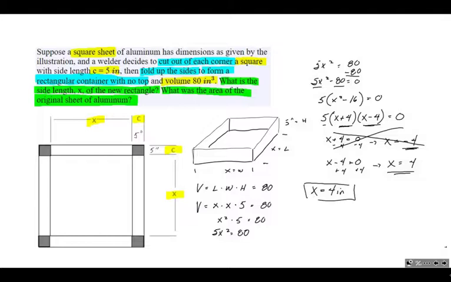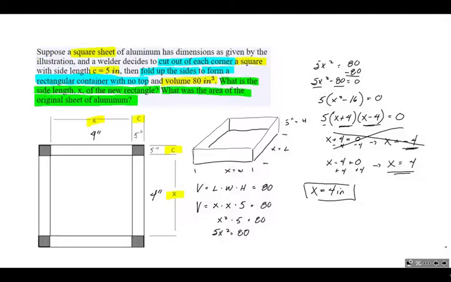Now, let's go back to the second question. What was the area of the original sheet of aluminum? So we can plug our newly found x value in over on our diagram here to the left. We know that x is equal to 4 inches, and down here it's also equal to 4 inches.